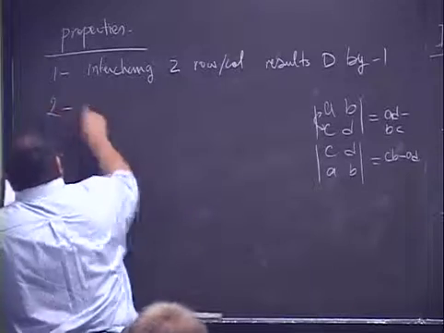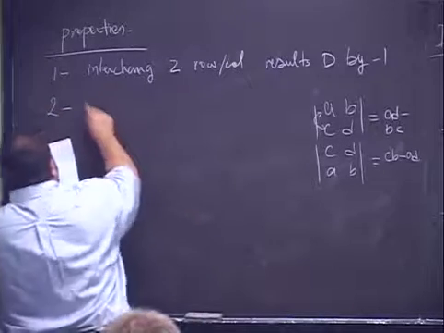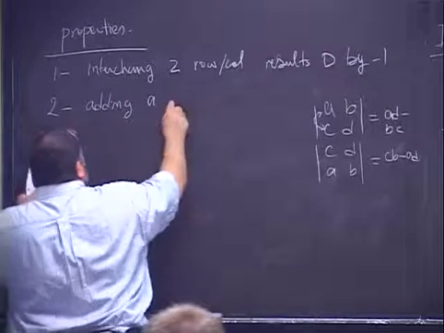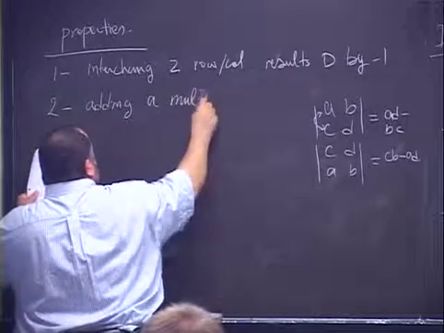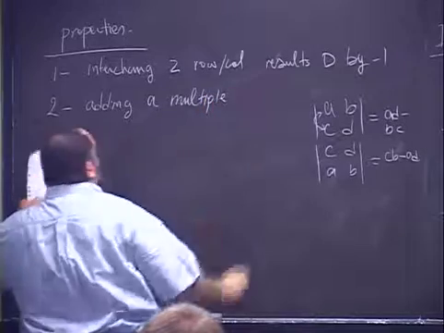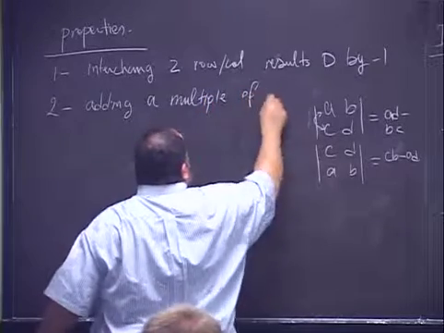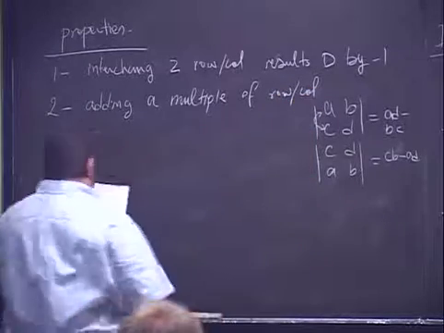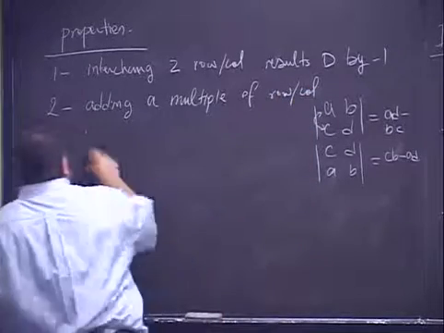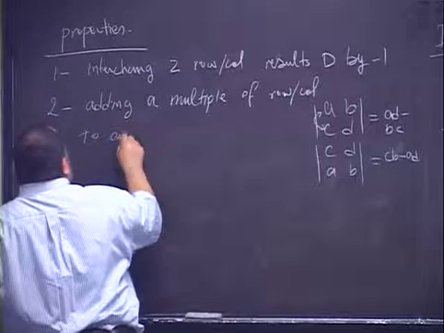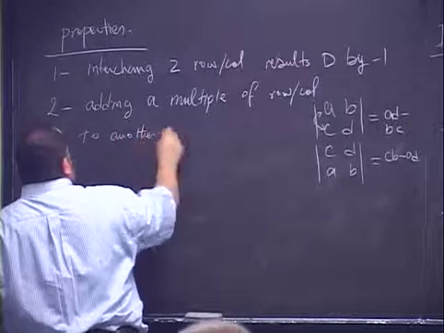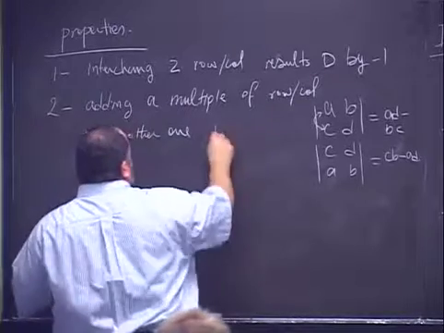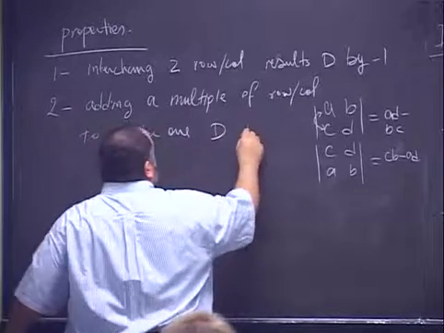If you are adding a multiple of a row or column to another row or column, this will leave D unchanged.